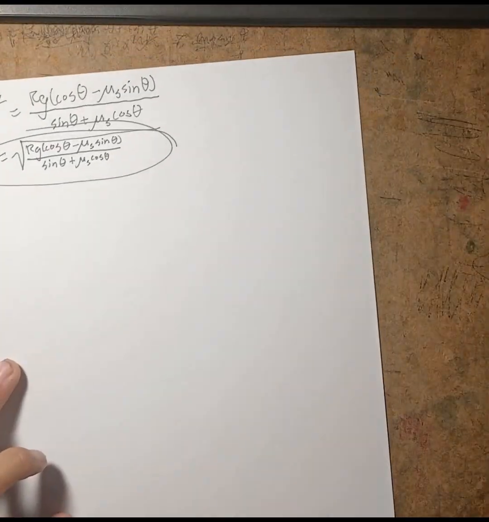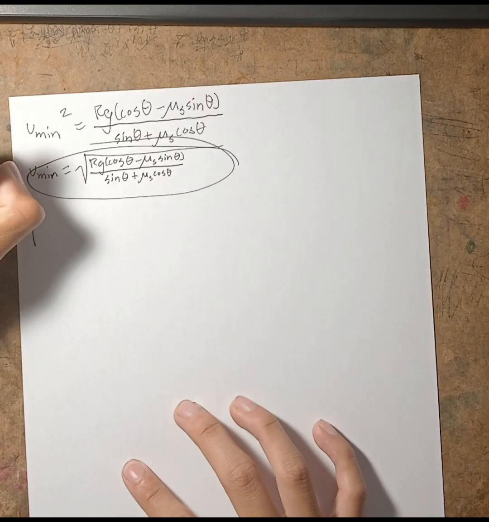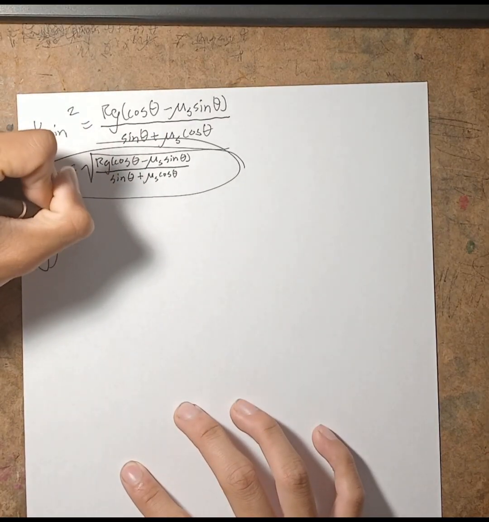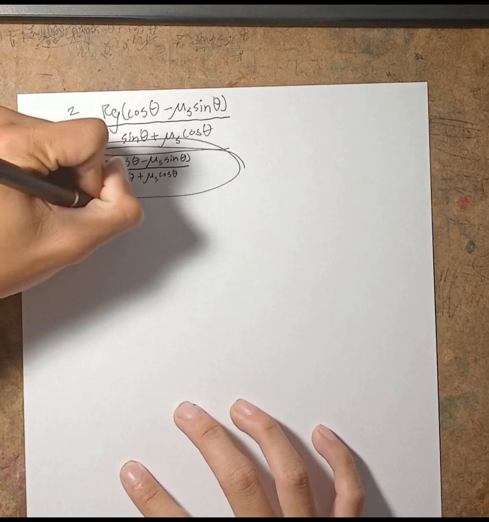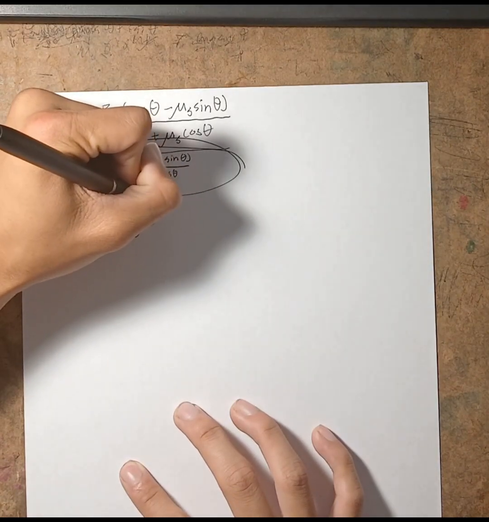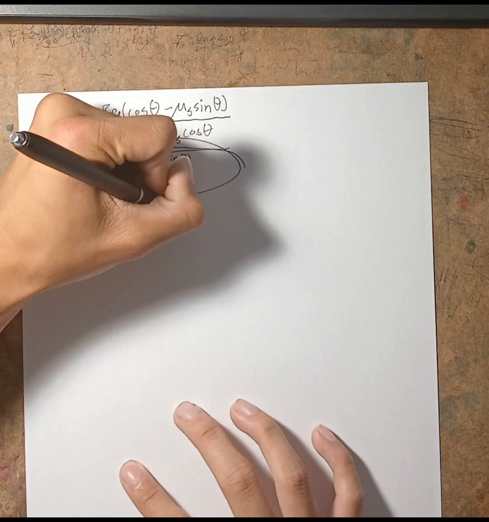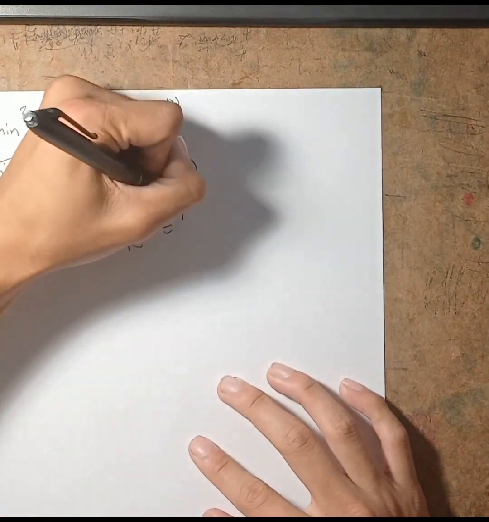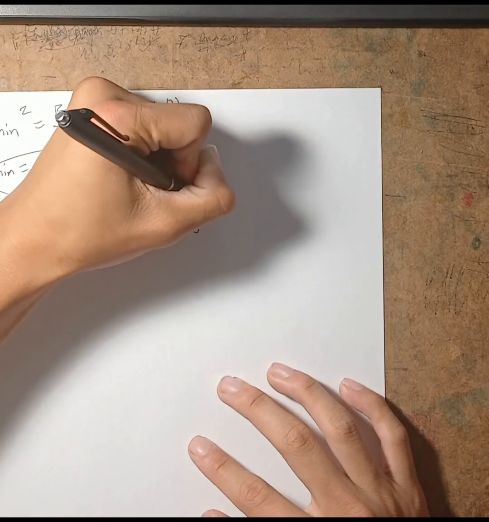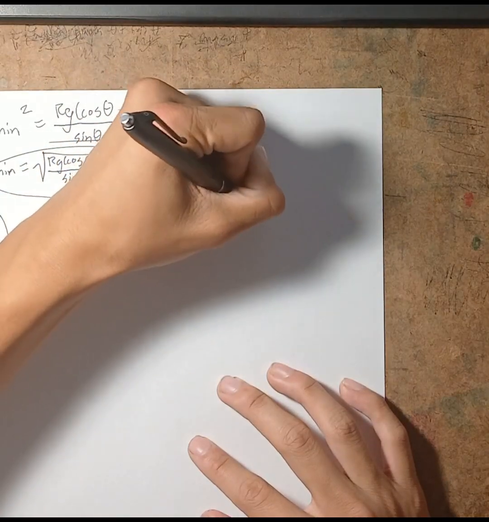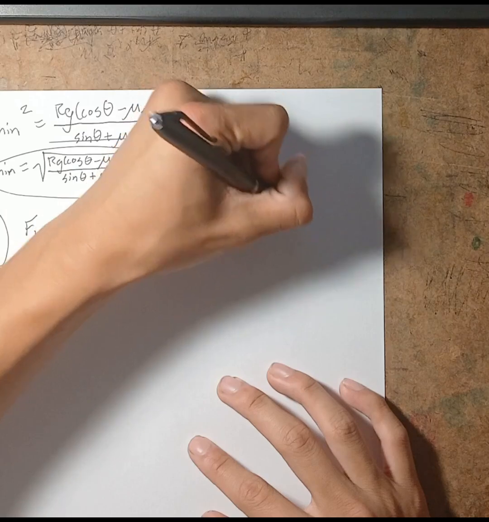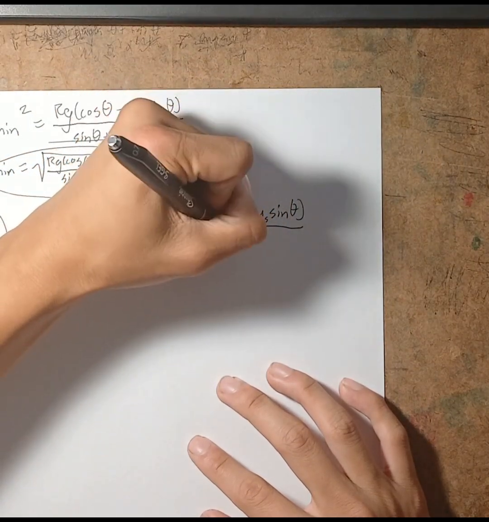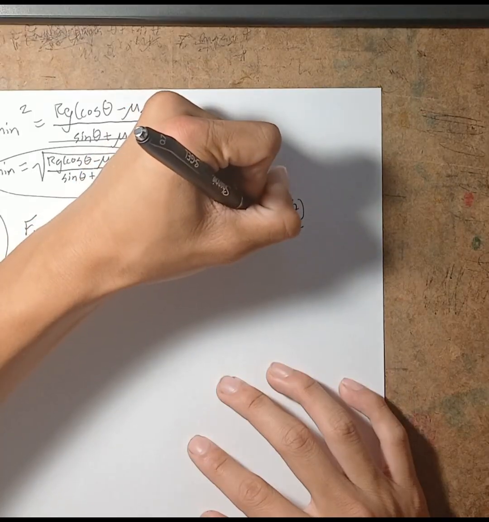And so we can say for part G, F net will equal F centripetal, which equals mv max squared over r, which, if you recall, equals mg cosine theta plus mu s sine theta over sine theta minus mu s cosine theta, like that.